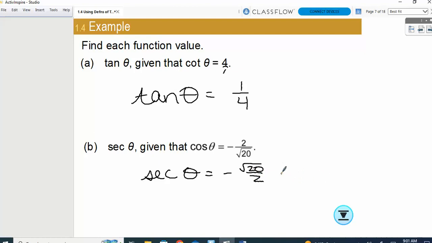Now I would expect you to go ahead and reduce this even though the original answer wasn't reduced. How would we break apart a square root of 20? Square root of 4 is 2. So those 2's cancel and we get a negative square root of 5.